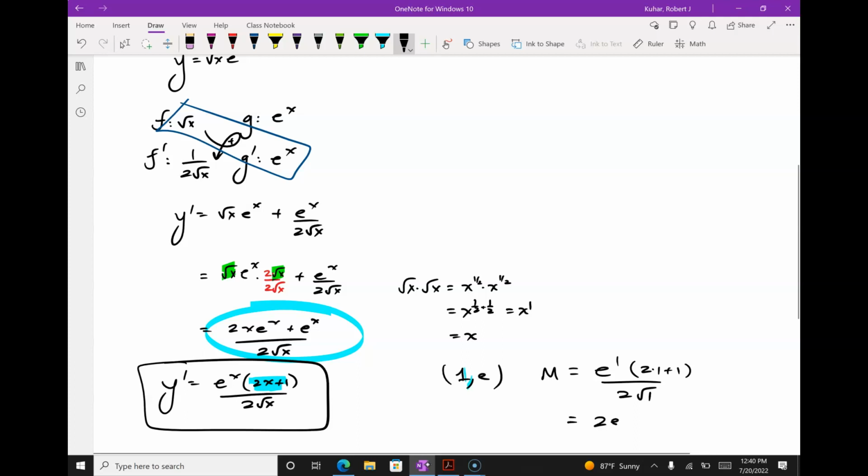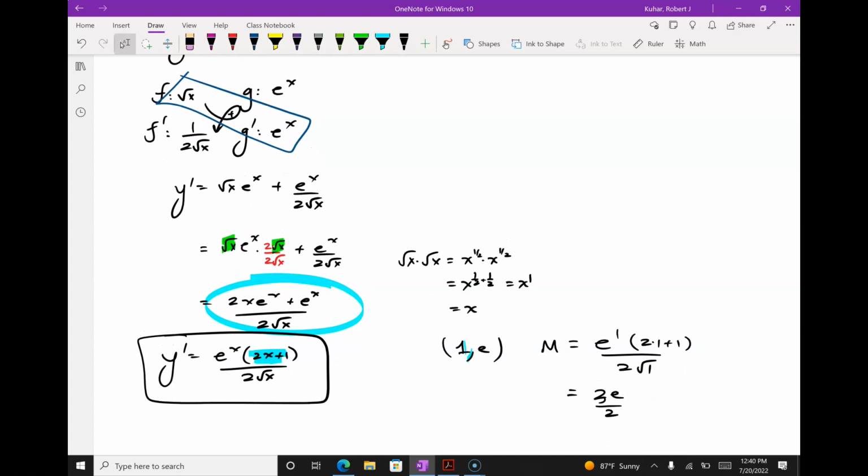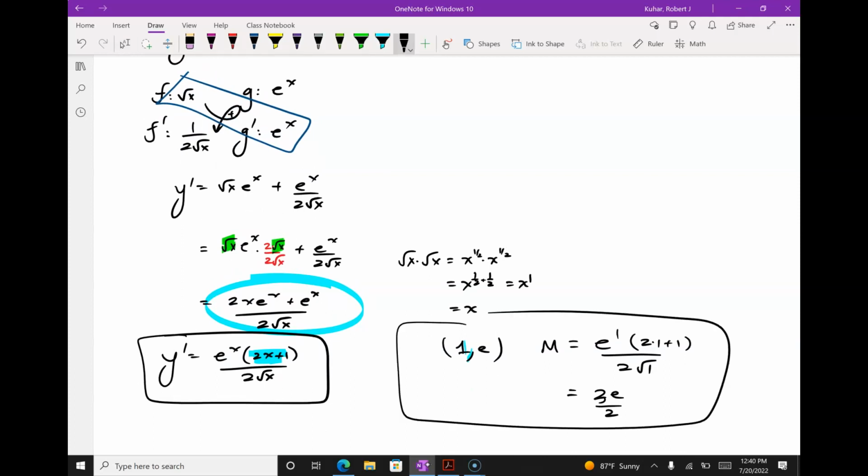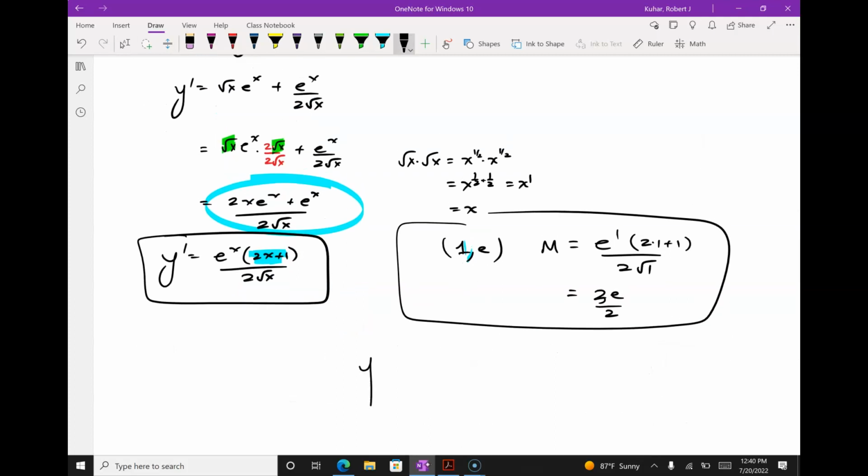So 3e over 2. Double check me, please. So tangent line is what? Y minus what? Yep, y minus e equals 3e over 2 times x minus 1.